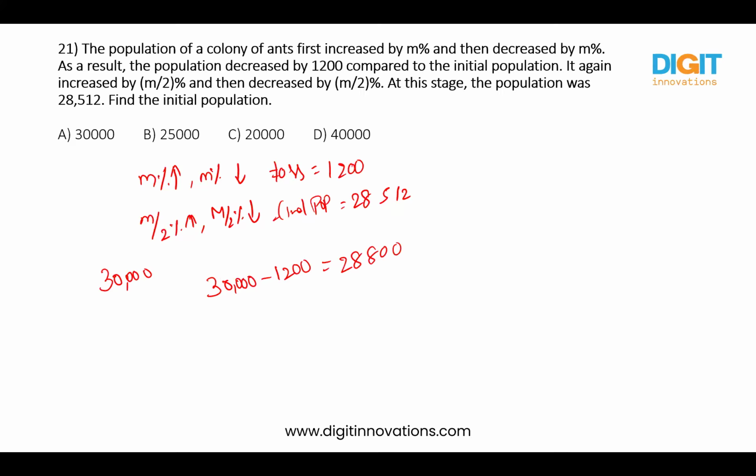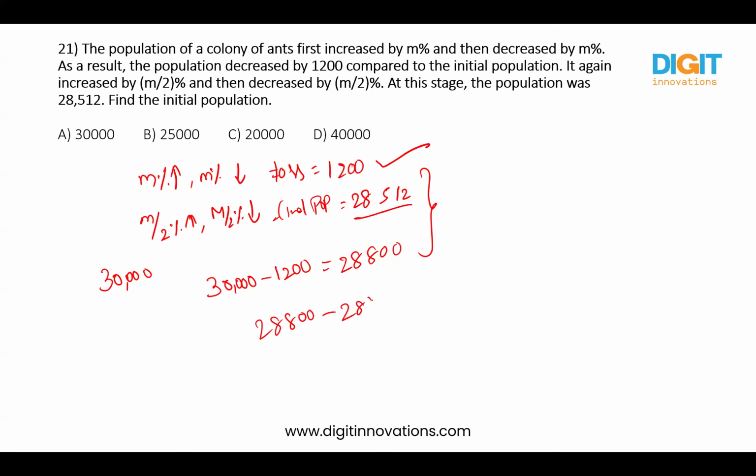The difference between this value and this value: first loss I got is 1200, and in the second one, the population decreased and the final population became 28,512.